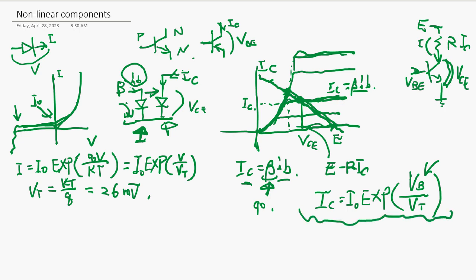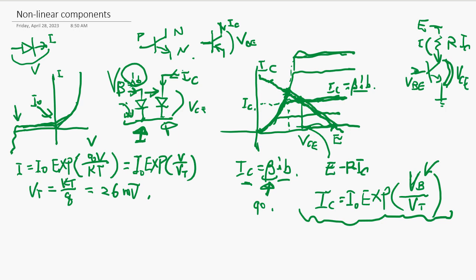So the transistor's basic equation, you have to remember this: IC increases exponentially with VBE, and VBE is like the voltage across the diode. So this depends on current. The current determines VBE.